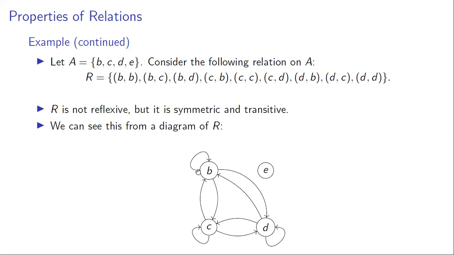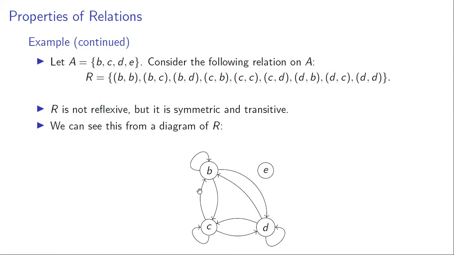So we have B comma B, so we draw an arrow from B to itself. We have B comma C, so we draw an arrow from B to C. You can go ahead and draw this entire diagram yourself. Now let's take a look at it. Here we can see that E is by itself, and the other 3 are all connected.